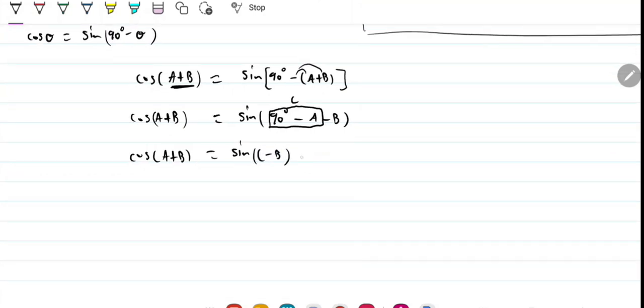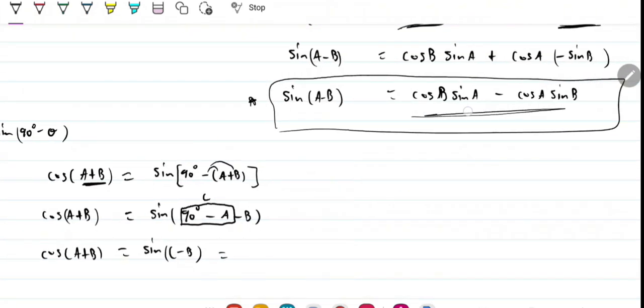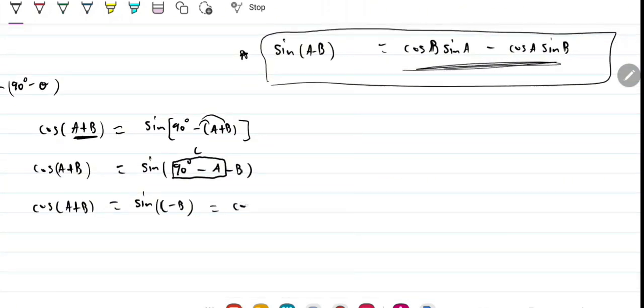right? And now we know how to expand the sine of an angle minus another, right? This was the formula up here. But this time, instead of a, we have c, right? So that's going to be the cos of b times the sine of c minus the cos of c times the sine of b, right?